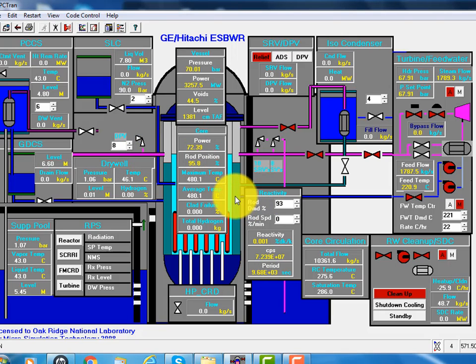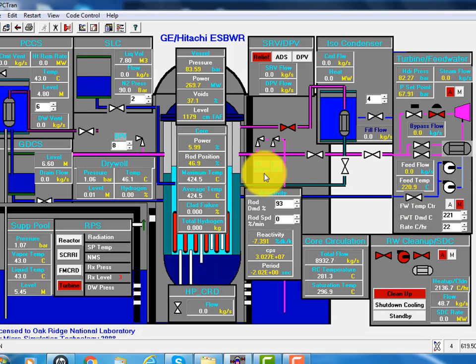And for accident or transient, suppose we have a loss of offsite power. So we have no feed water supply and the main steam isolation valve closes. Then the turbine trips and the reactor will shut down.